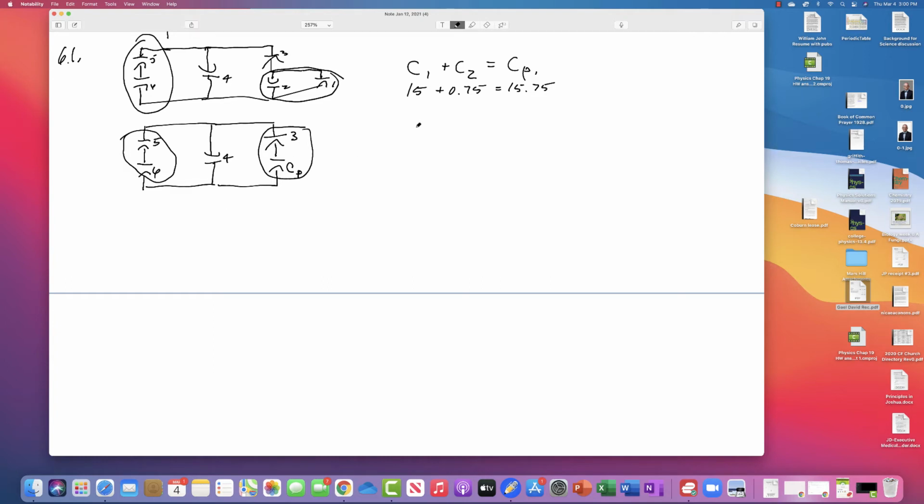You can do both of those, and then you'll end up with 3 in parallel, okay? So let's do that. That means that 1 over C5 plus 1 over C6 is equal to 1 over CS, let's call it 5,6. And 1 over C3 plus 1 over CP is equal to 1 over CS3P.